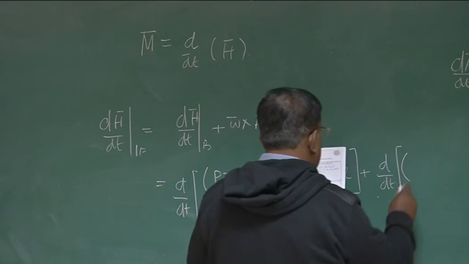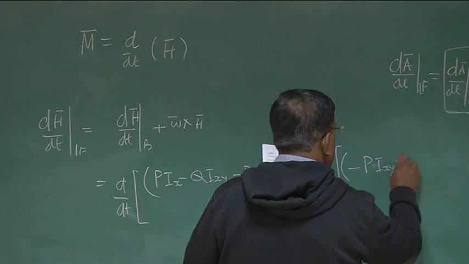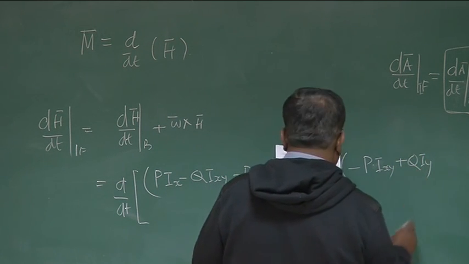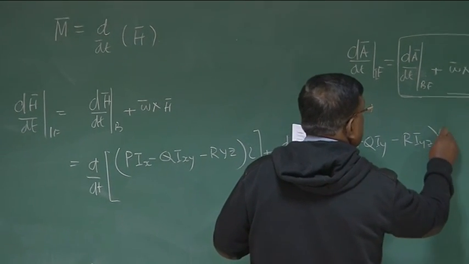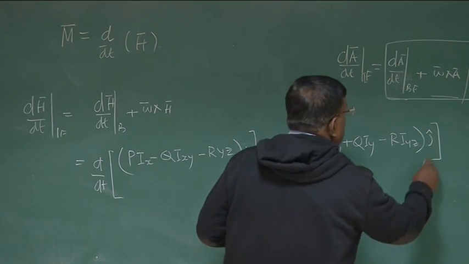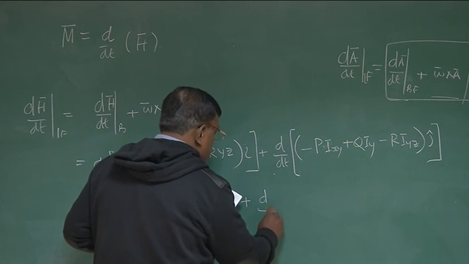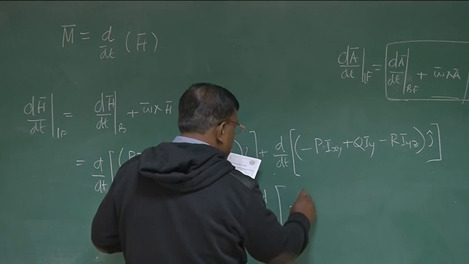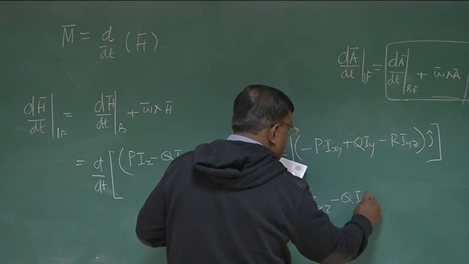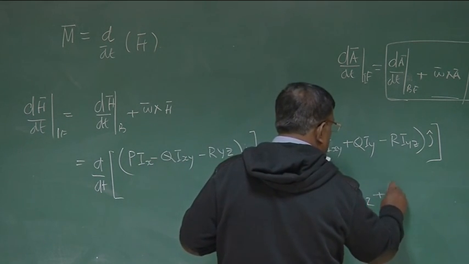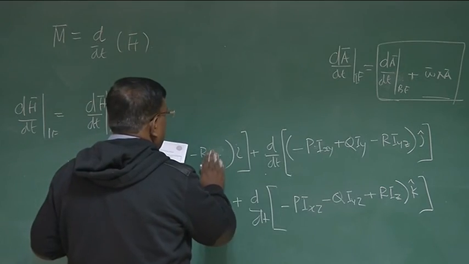This is minus p Ixy plus q Iyy minus r Iyz j prime. This is the unit vector in the body along the body j direction. So the third term will be d by dt of minus p Ixz minus q Iyz plus r Izz k prime. This should be right.